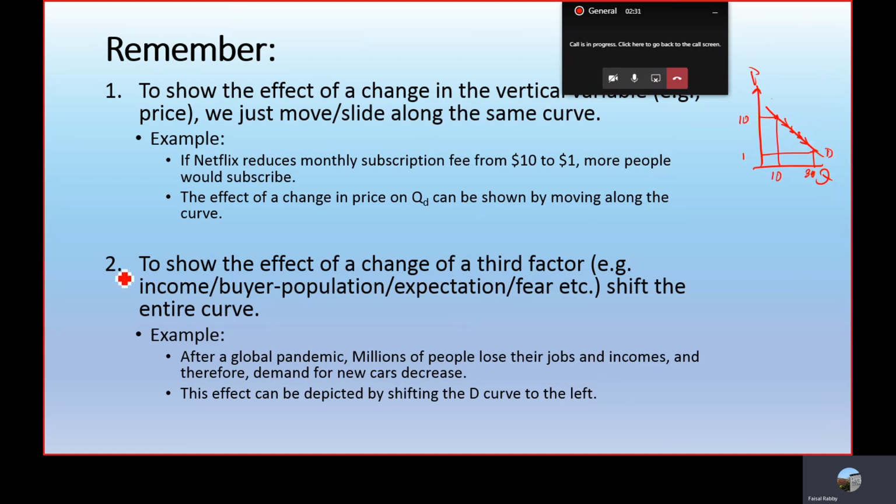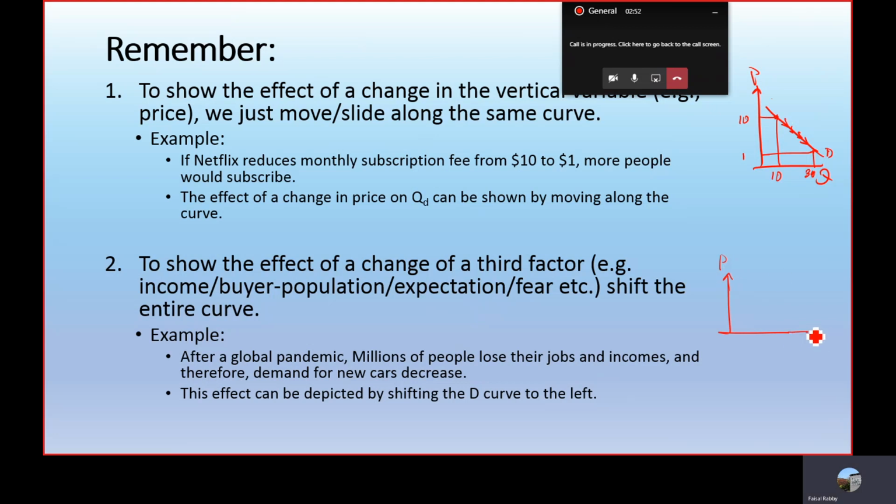On the other hand, we saw that if any non-price factor, such as people's income, job security, or taste, changes, it can also affect demand, but we will have to show that effect by shifting the entire demand curve.